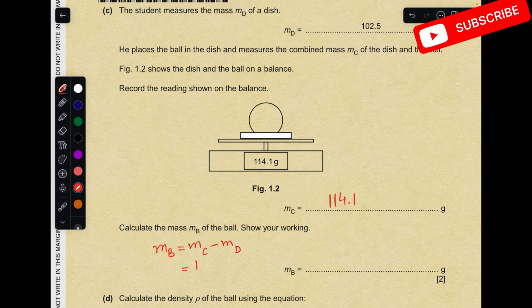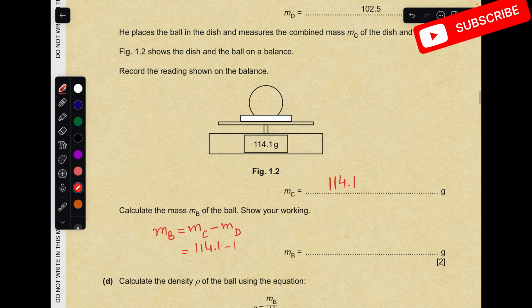MC is 114.1 minus MD, that is 102.5. Do the calculation, you will get 11.6. The units are already given here.